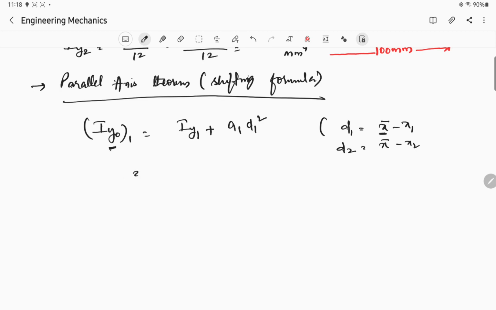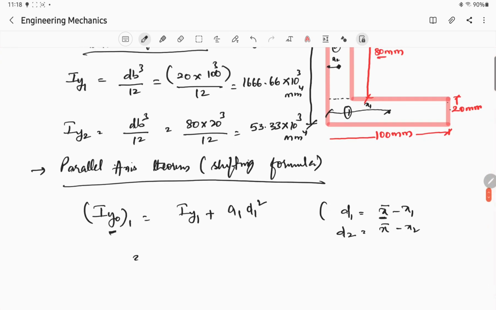So what is the value of Iy1 we got? See here, 1666.66 into 10 power 3. This is Iy1. What is A1? A1 we got as 2000. What is the value of d1? x bar minus x1, that is 32.22 minus 50, whole square.